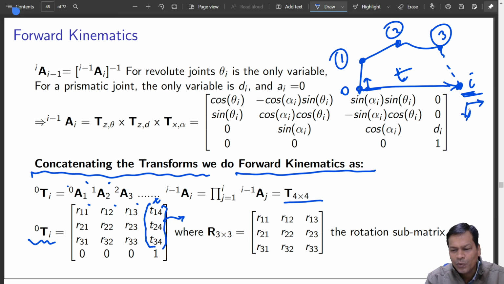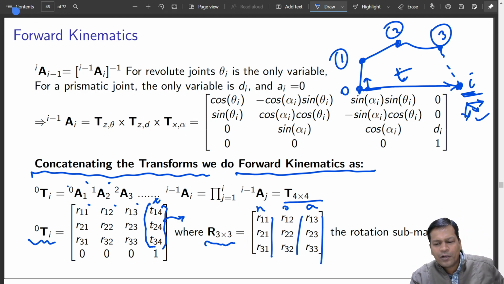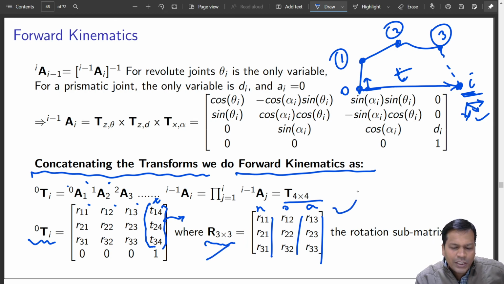It will have its own orientation, is it not? So that is given by the rotation matrix n, o, a, if you remember. So this is the projection of those. This is the three projections of the end effector frame along the global XYZ frame. So this is your rotation matrix that represents the orientation, and this is your position.